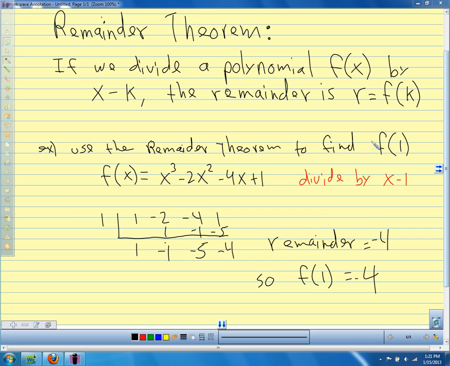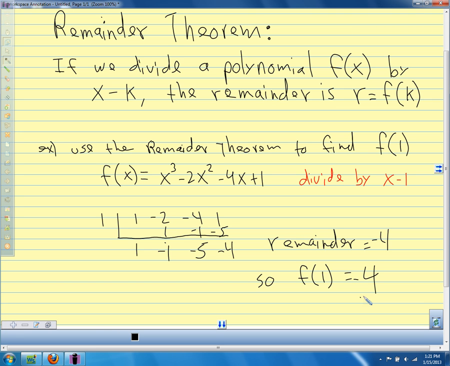So to evaluate a function at a particular value, if our function is a polynomial, we can use synthetic division, and we're dividing by x minus whatever that number is that we're trying to find. Questions on that example?